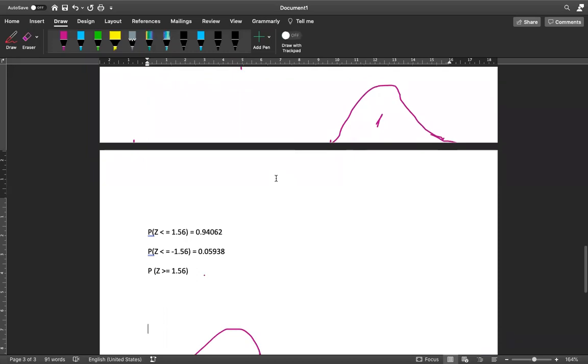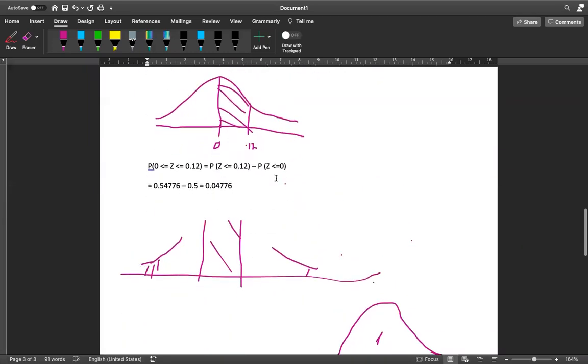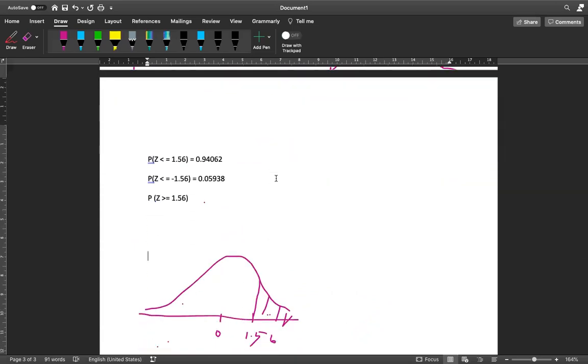I don't get what you're saying, but if I get you right, you are wondering why the probability that z is less than or equal to negative 1.56 is giving us a different value than z less than or equal to positive 1.56. No, sir.